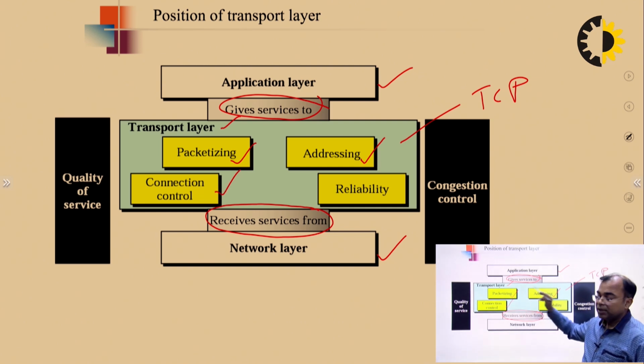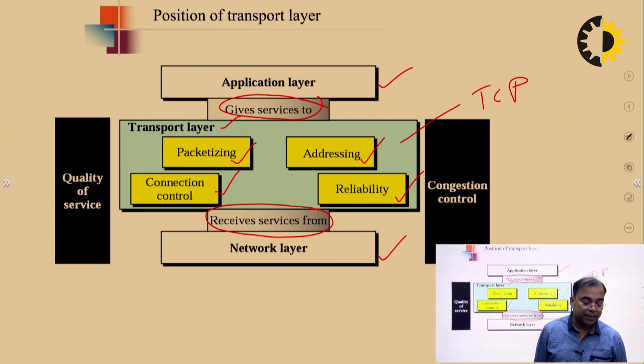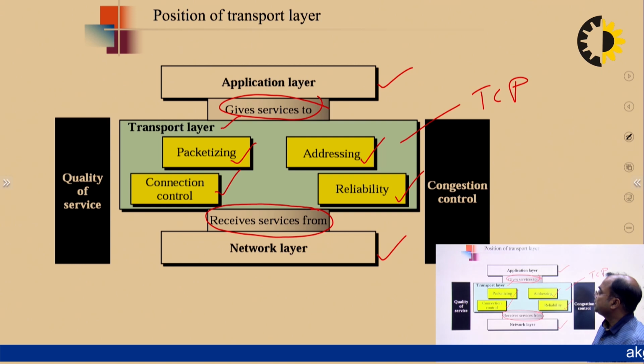Connection control is also done in this layer. Reliability is also done in this layer. So the important work of packaging, addressing, connection control and reliability of data is completed only in this layer. We can say this is one of the important layers of the computer network, so we have to understand it properly.